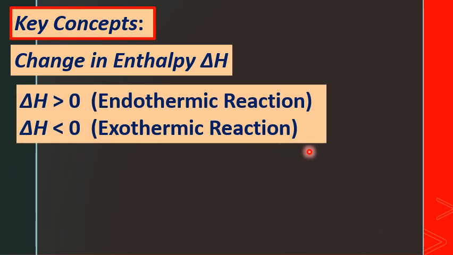Take note that this change in enthalpy can either be positive or negative. A positive delta H means that the reaction is endothermic, and a negative delta H suggests that the reaction is exothermic.